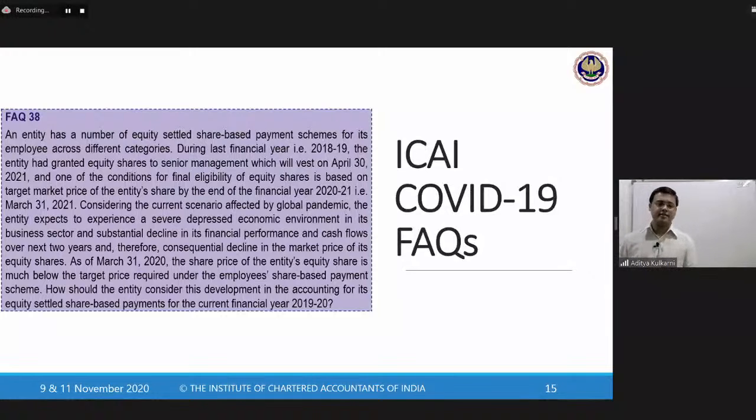Now you are seeing resumption of hotels and holidays and flights, although it is not to the fullest extent possible. But because of this depressed environment, the price has gone down. And it has gone down to such levels that resurrection of the prices by 31st March 21 was never possible. So technically, you are not meeting that market condition.